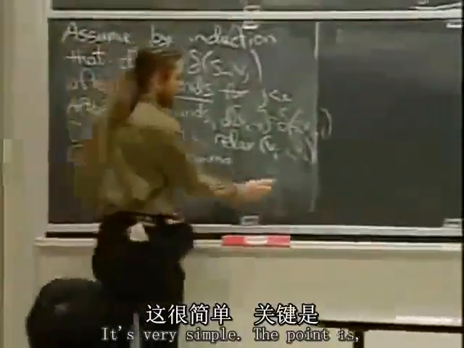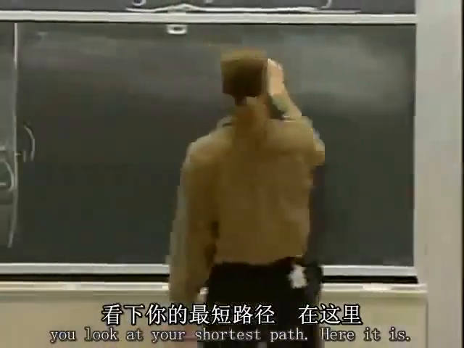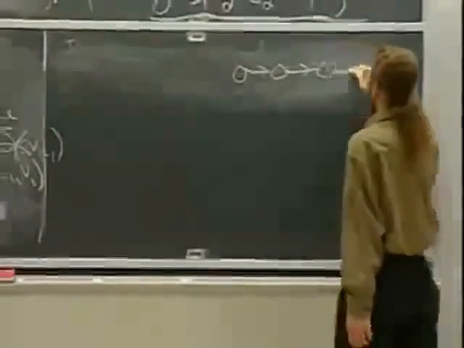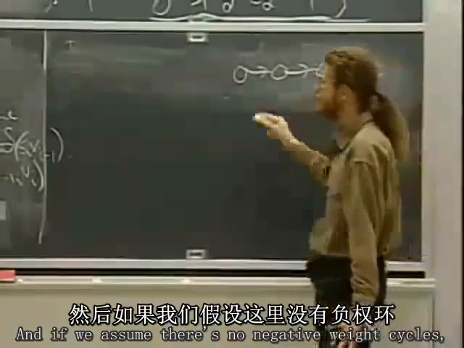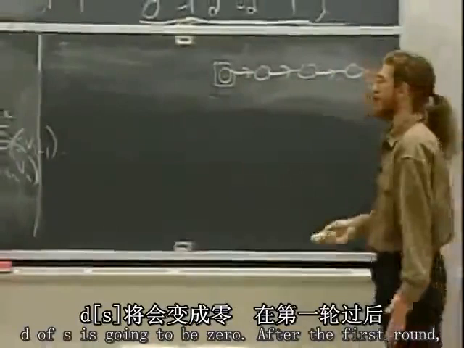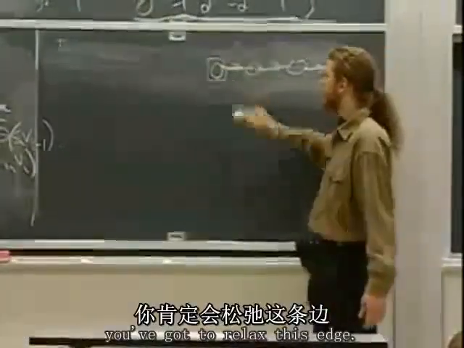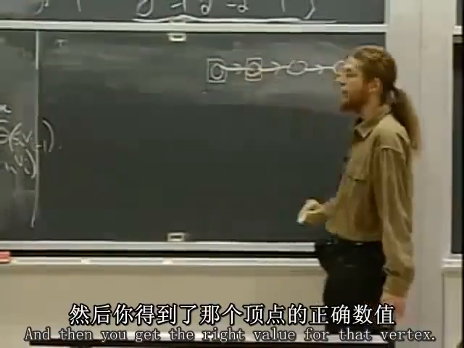It's very simple. The point is, you look at your shortest path. Here it is. And if we assume there's no negative weight cycles, this has the correct value initially. d of s is going to be 0. After the first round, you've got to relax this edge, and then you get the right value for that vertex.